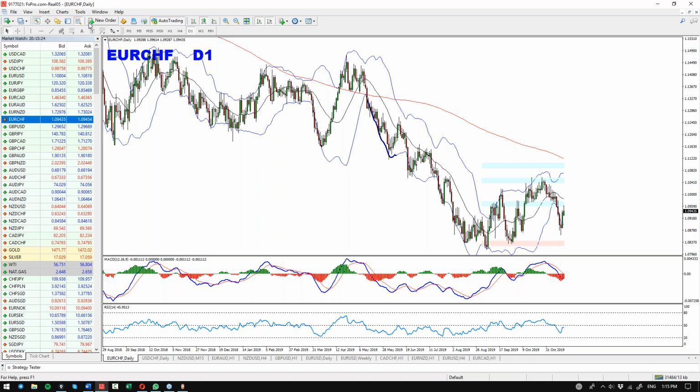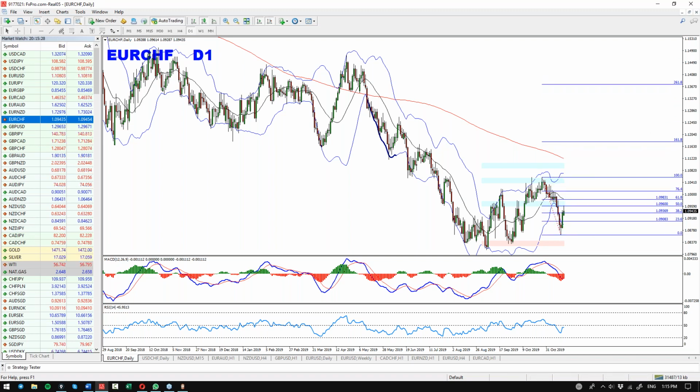So the idea is sell the rallies, and this idea remains on as long as we hold the 61.8 Fibonacci of this move. Why is that so? Because if we assume this is the first leg of what should become the next possible developing cycle, we don't want to go above the 61.8 of its leg, right?